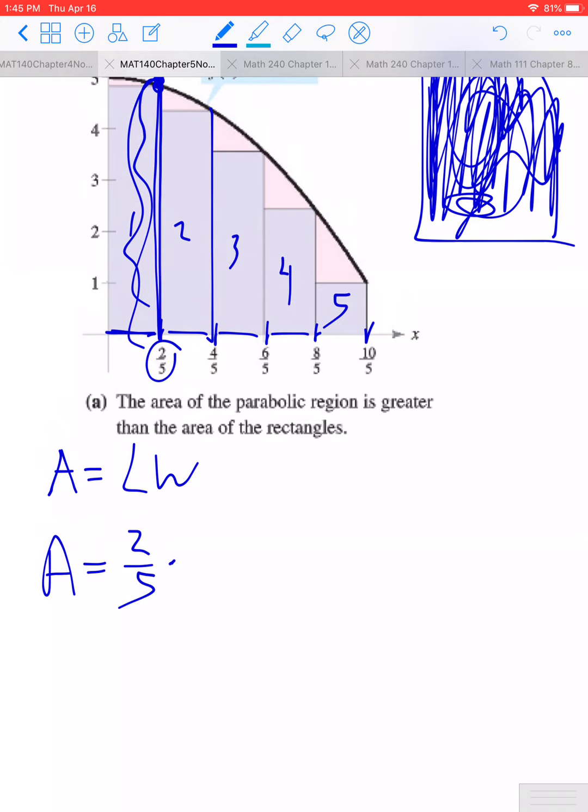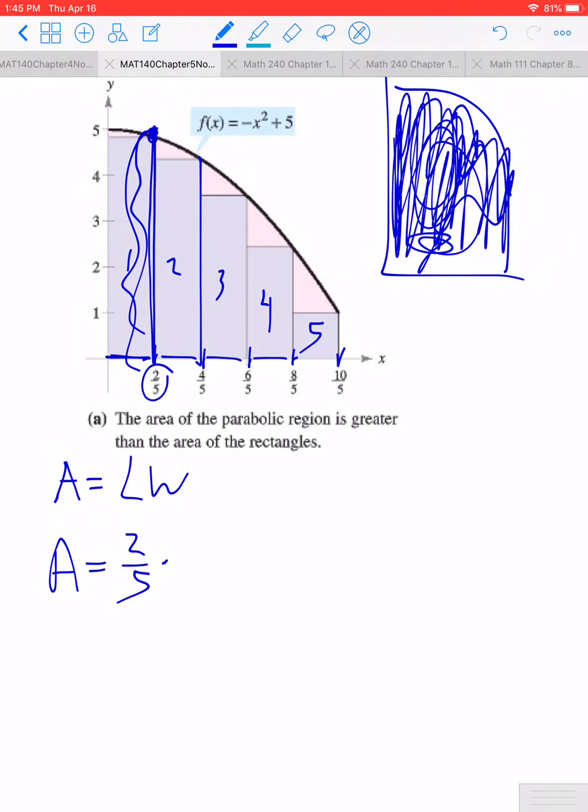For example, rectangle 1, if I were to plug 2/5 into that formula, we would get negative of 2/5 squared plus 5, and that would give us the area of rectangle 1. I'm just going to do this off to the side.